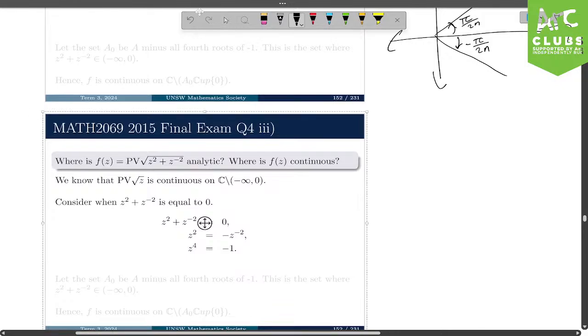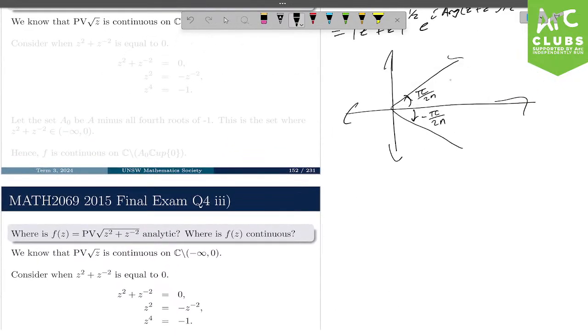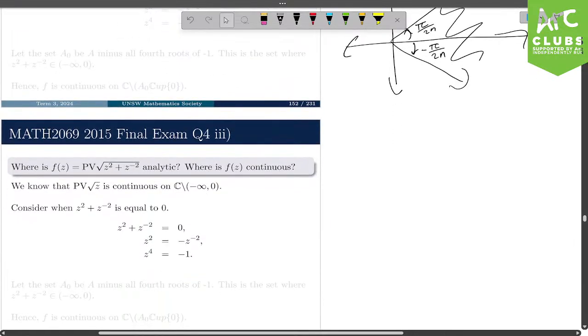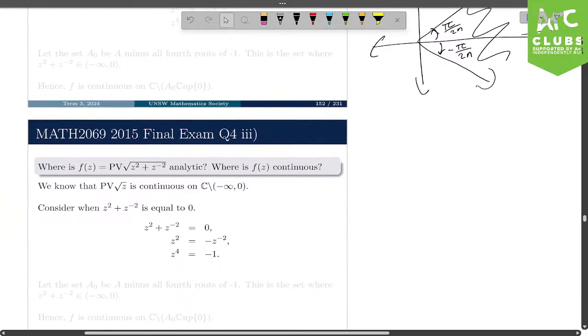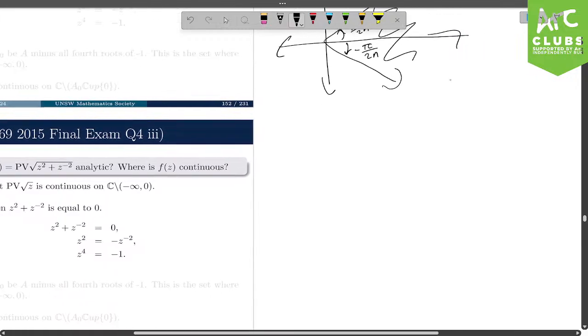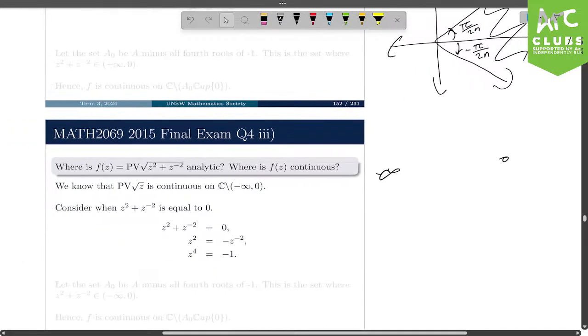So let's go ahead and perform a kind of transformation on this kind of region, okay? So we know that the principal value of the square root of z, so z being a substitute for z squared plus z to the minus 2, is going to be continuous on the complex numbers excluding the 0 to minus infinity, okay?